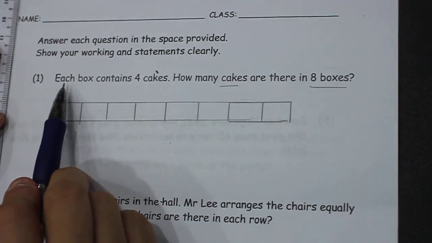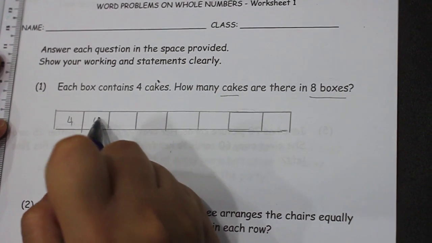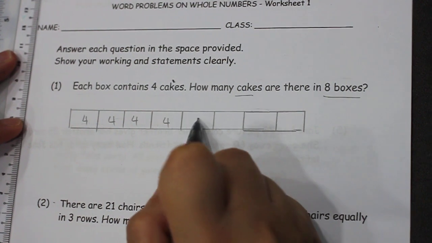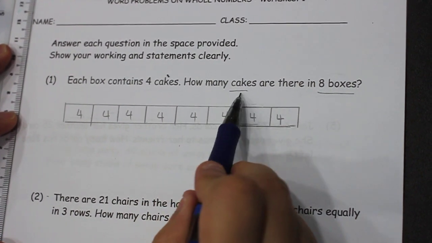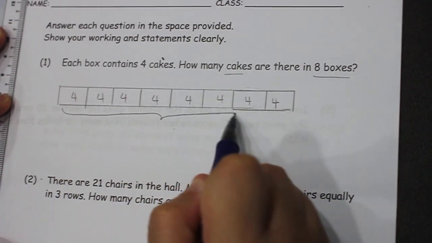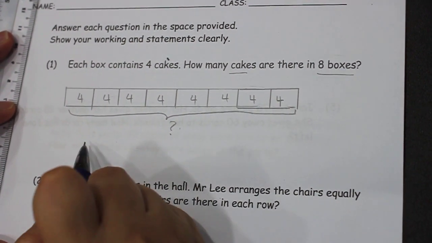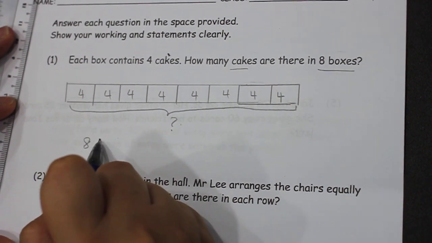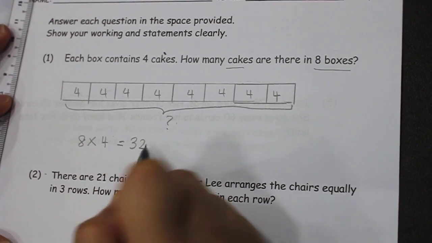We know from the question each box contains 4 cakes. So each of the boxes contains 4 cakes. How many cakes are there in 8 boxes? So we want to find the total number of cakes in 8 boxes. So what do we do? We will do 8 times 4 equals 32.